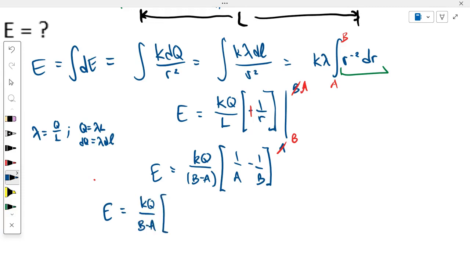If I make a common denominator AB, this is B over AB minus A over AB. And isn't that fun? We have an answer: E is KQ over AB.